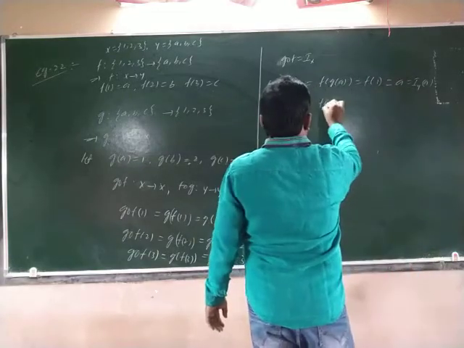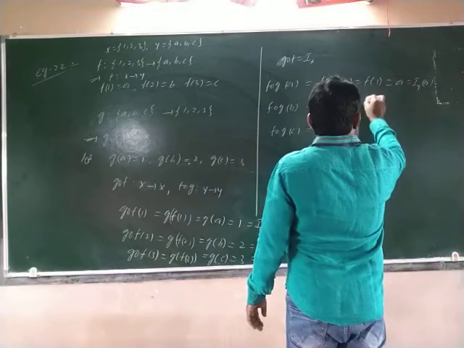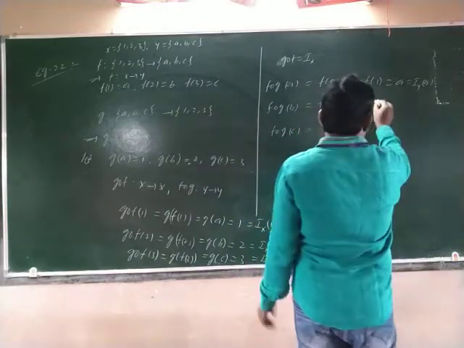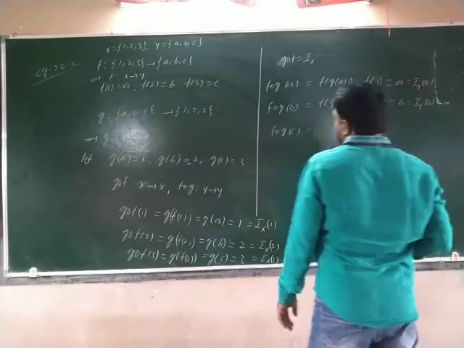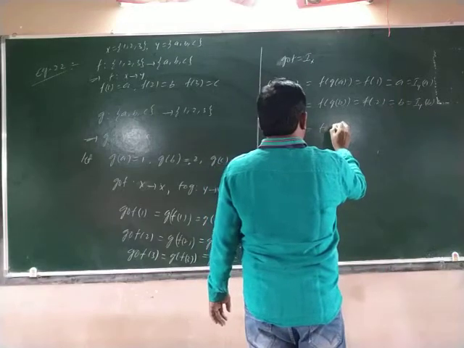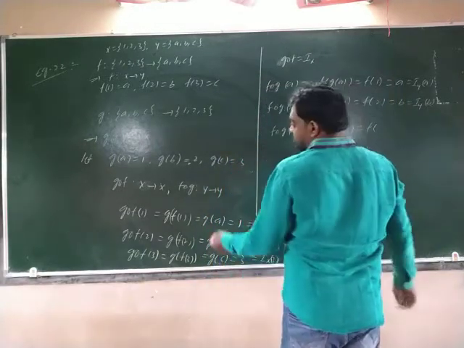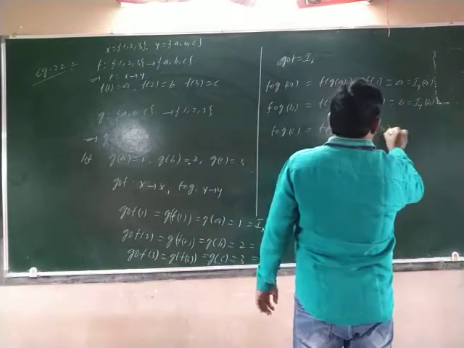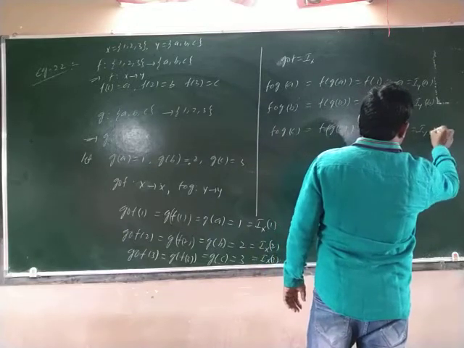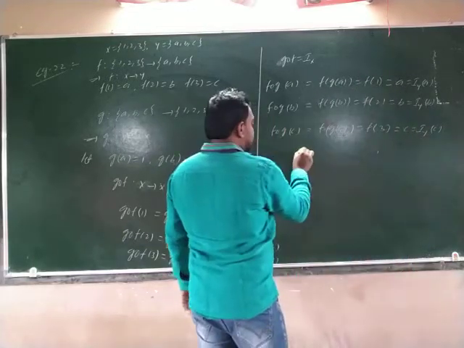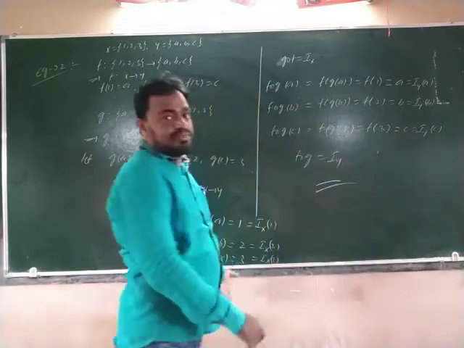Next, f of g of b. g of b is 2, f of 2 is b, iy of b. Next, f of g of c. g of c is 3, f of 3 is c, which is iy of c. Therefore, f circle g is equal to iy. This is the proof. Simple.